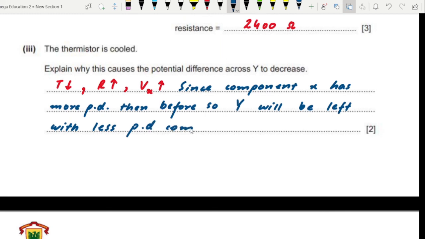Or you could have simply written, so the potential difference across Y would be decreased compared to its previous value.